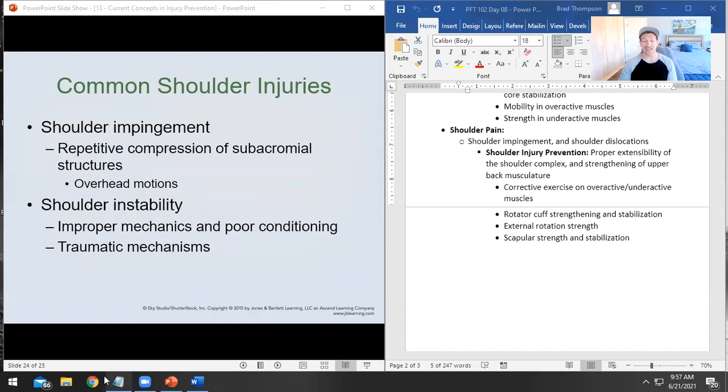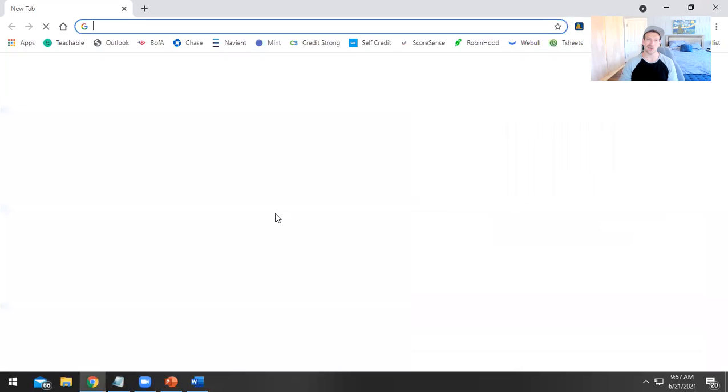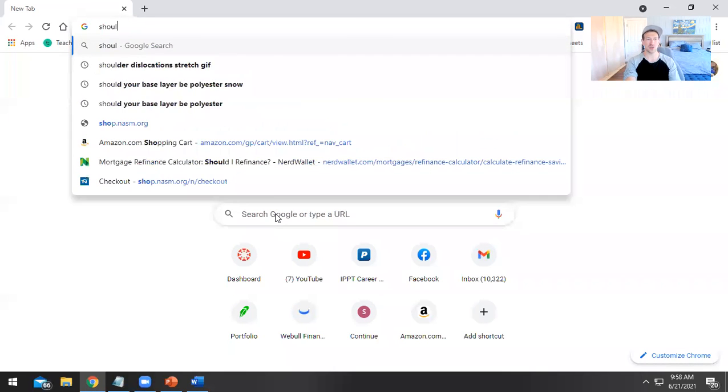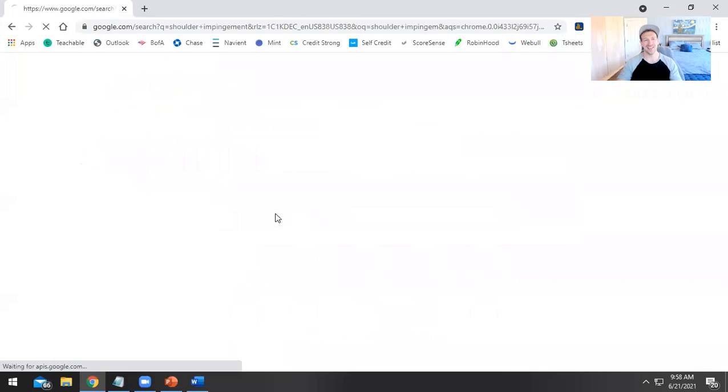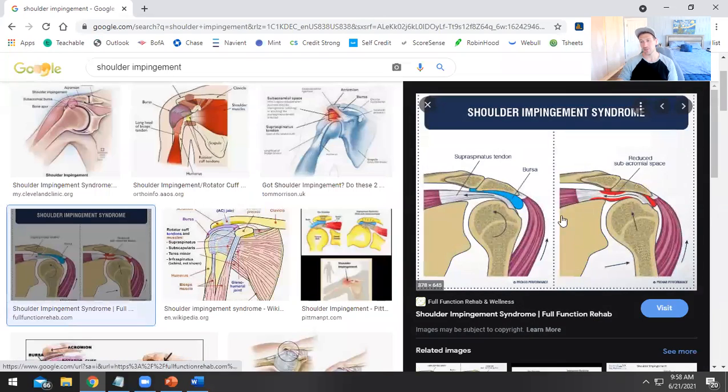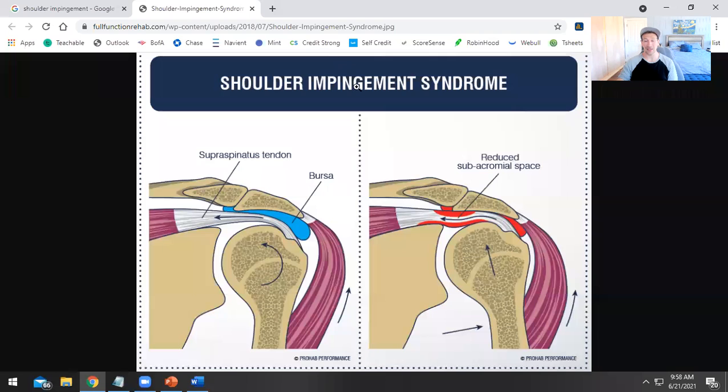So shoulder impingement. I like the word impingement. I don't know the root of it or anything, but it sounds like impingement, like you are being pinched, which is exactly what's happening. So shoulder impingement is basically where the soft materials in your shoulder are being pinched.